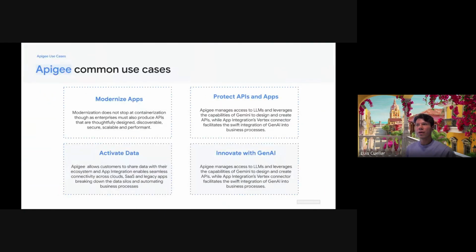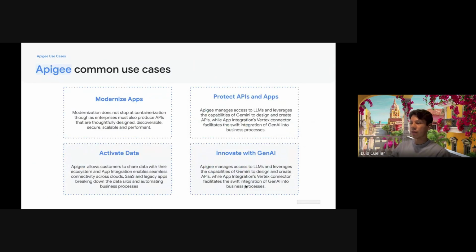So the first thing that we have to remember is which are the most common Apigee use cases. The first is how to modernize apps. The second and the third are to protect the APIs and activate the data. The main focus of this presentation is how we can innovate with AI.